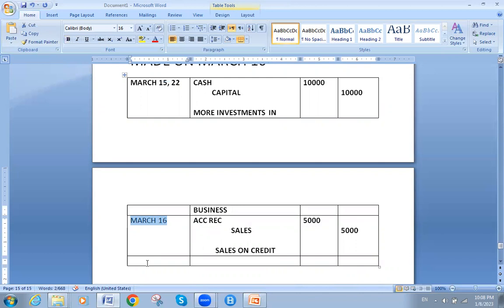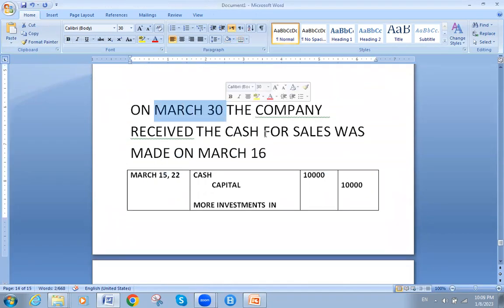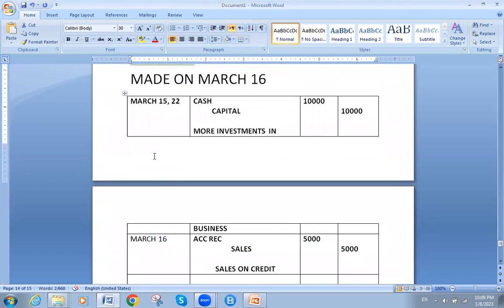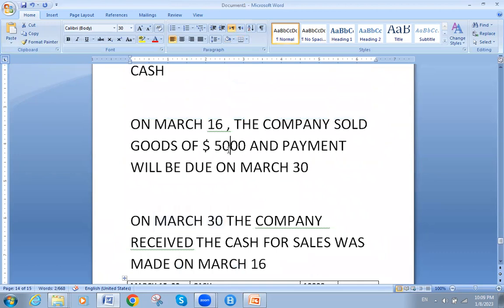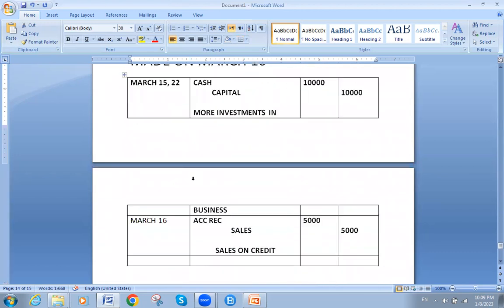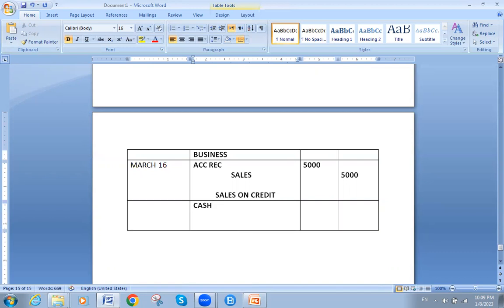Perfect. But on March 30, this company which we sold goods to for 5,000 paid the amount due. For that reason, the cash is increased with this amount, so cash will be debit.